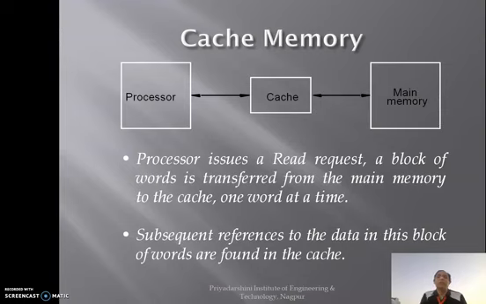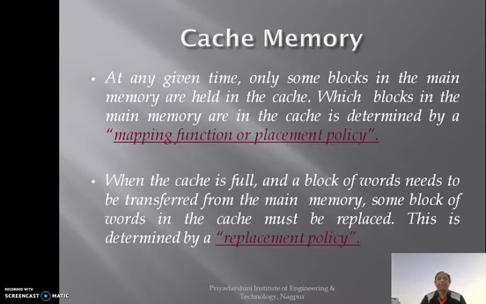The processor always generates addresses to read data from or write data to the main memory through the cache. Subsequent references to the data in this block of words are found in the cache memory. At any given time, only some blocks of the main memory are held in the cache.